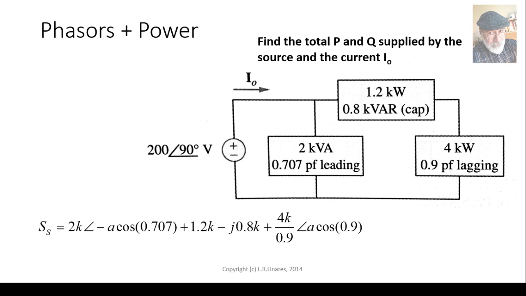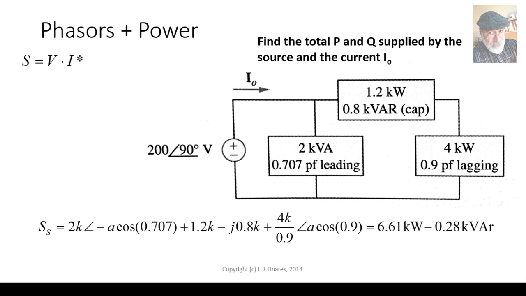We add them together and we get that the total power of the loads, which is, according to Tellegen's theorem, equal to the total power supplied by the source, is 6.6 kilowatts with negative, oh, there is a j missing there, right? Negative j 0.28 kilovars.